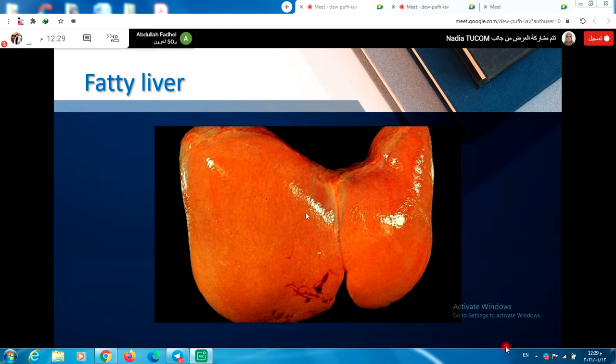Is it reversible or irreversible change? Fatty change is a reversible process or cell change.